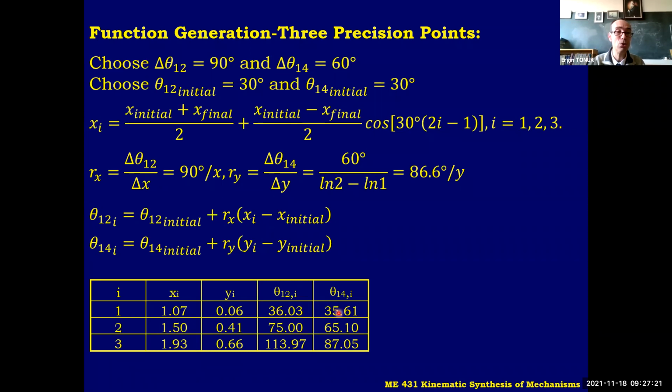Okay, this is the first position where the mechanism is going to satisfy the function exactly. This is the midpoint. Because ln function is not linear, this is not the midpoint, okay? What we do is we apply Chebyshev spacing to this. It could be applied to that as well.